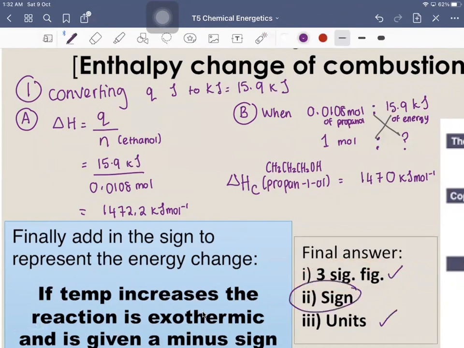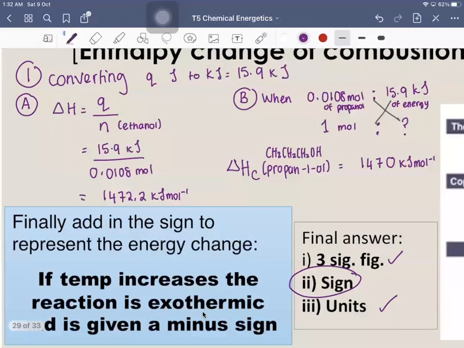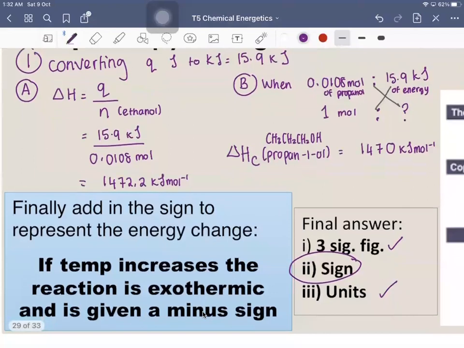The sign is important. If my temperature increases, that means it is an exothermic reaction. And it turns out that my delta T increases, so it is an exothermic reaction. And as we all know, all combustion reactions are exothermic reactions. So you need to include the negative sign.